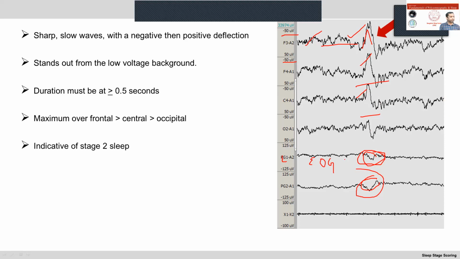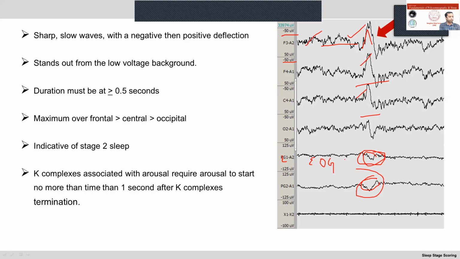Indicative of stage 2: a K complex associated with arousal requires the arousal to start no more than 1 second after K complex termination. There is a term, K complex or spindle associated with arousal. If a K complex is there and arousal comes within 1 second, that is called K complex associated with arousal.